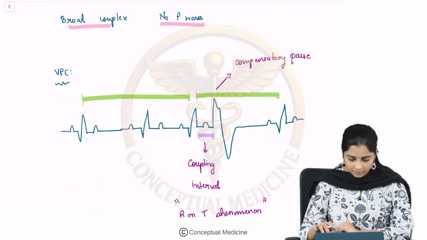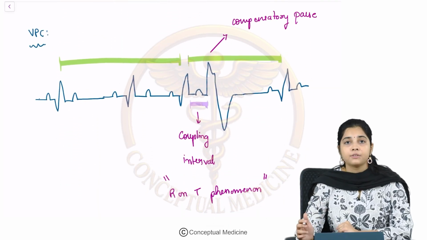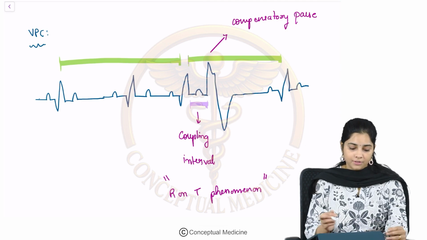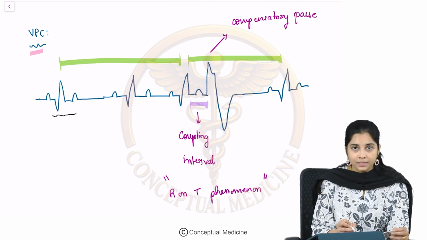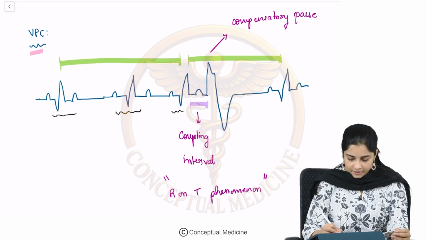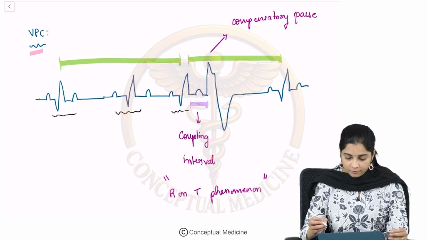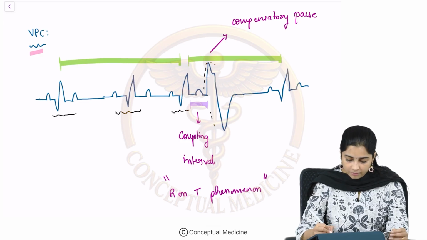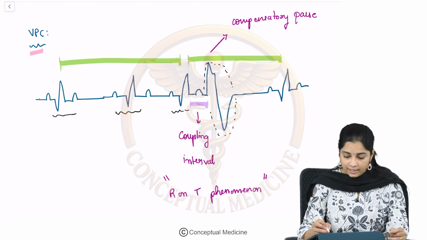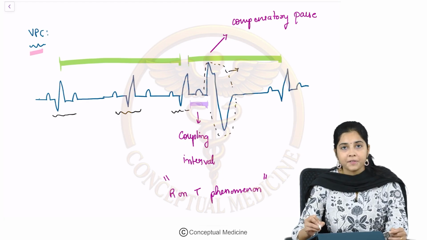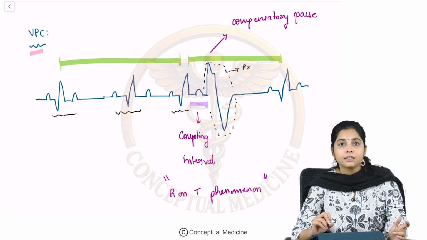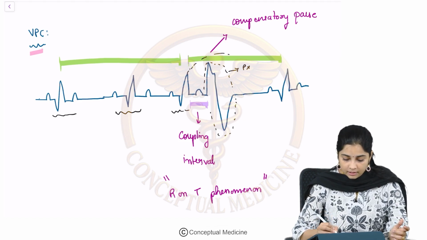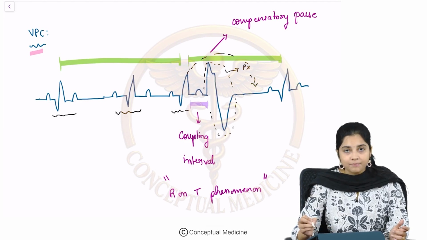So, the first one that we are learning is the ventricular premature complex. Can you see here in this rhythm that there is a normal PQRST, then a normal beat, followed by a broad QRS complex which does not have a P wave, and it has come earlier than the next expected sinus beat?